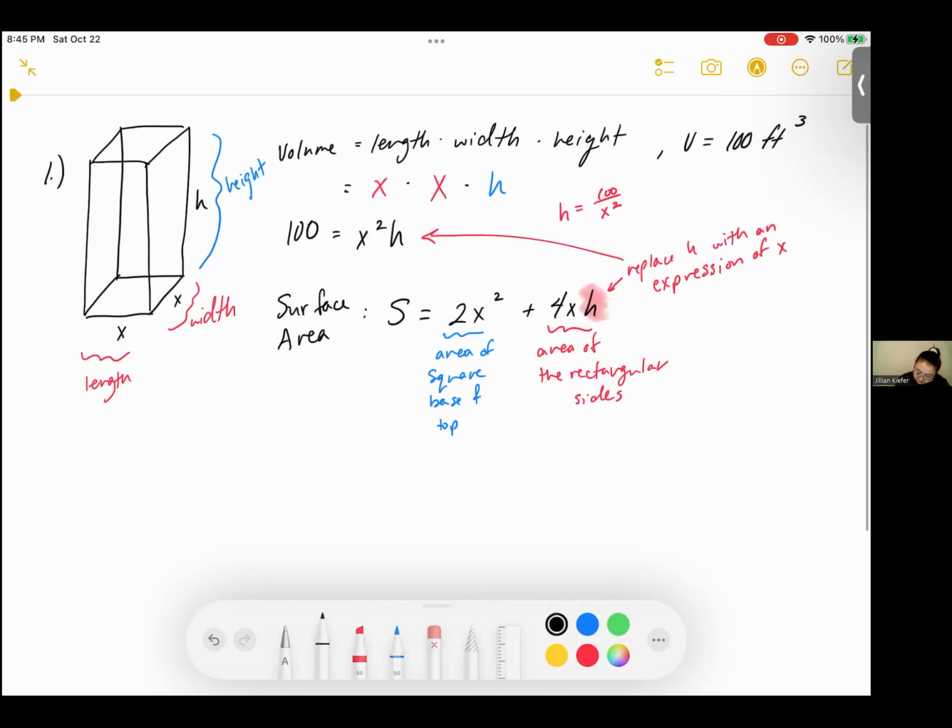So this means our equation will become s of x, because it is our surface area only in terms of x, would be equal to 2x squared plus 4x times h, which is instead going to be 100 divided by x squared.